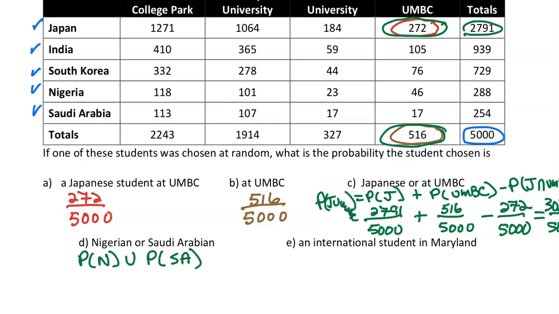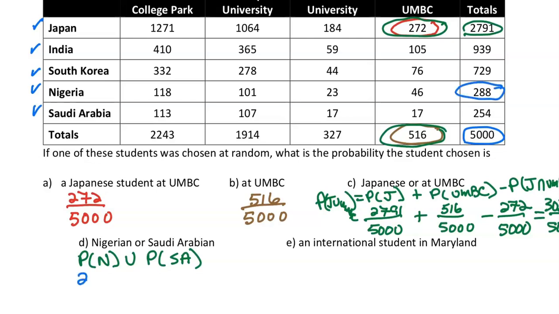Okay, is there any overlap? Could you be Saudi Arabian and Nigerian? So according to this, they only asked them for one nationality, so they cannot be both. So let me turn to blue. Okay, so probability of Nigerian, go across.